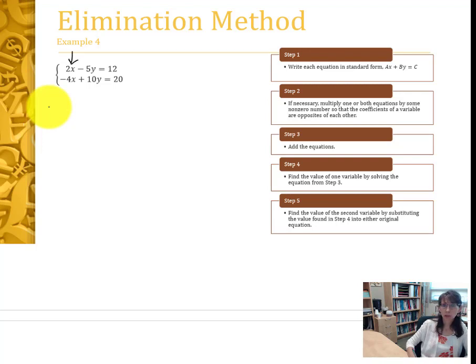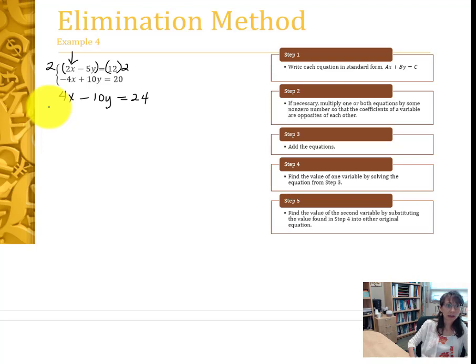Could I multiply 2 by some factor to make the opposite of -4? In other words, how can I change 2x into 4x? Well, all I have to do is multiply this equation by positive 2. So the new equation becomes 4x minus 10y equals 24.